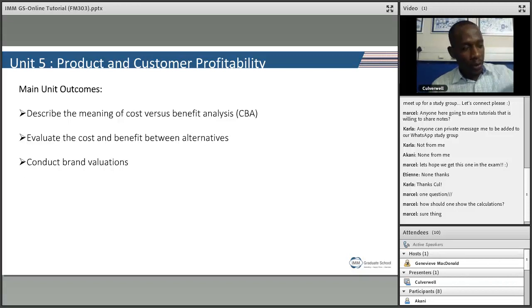There is also an example of the cost approach to brand valuation on page 220, example 5.8. It stipulates exactly how much was incurred in building a specific brand. So there is nothing difficult there. You're just going to look at how much was incurred in doing so.